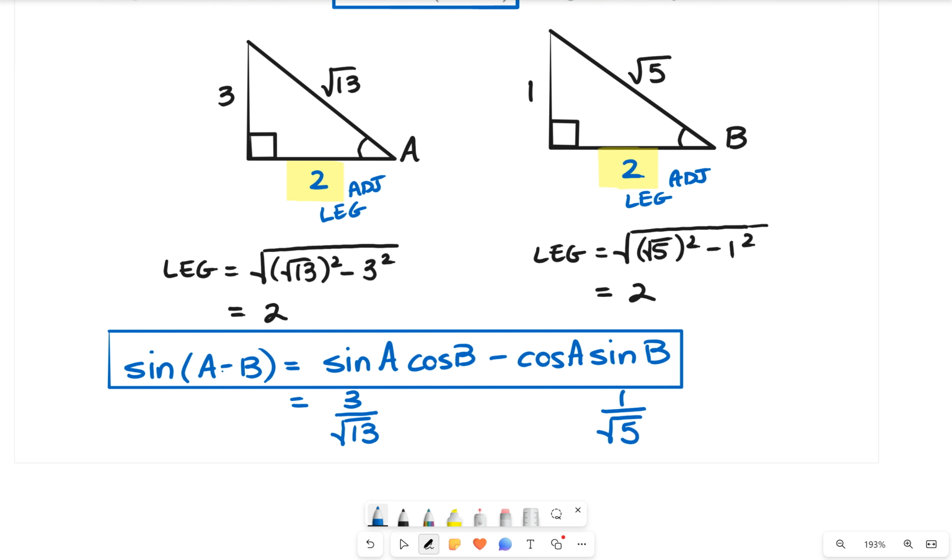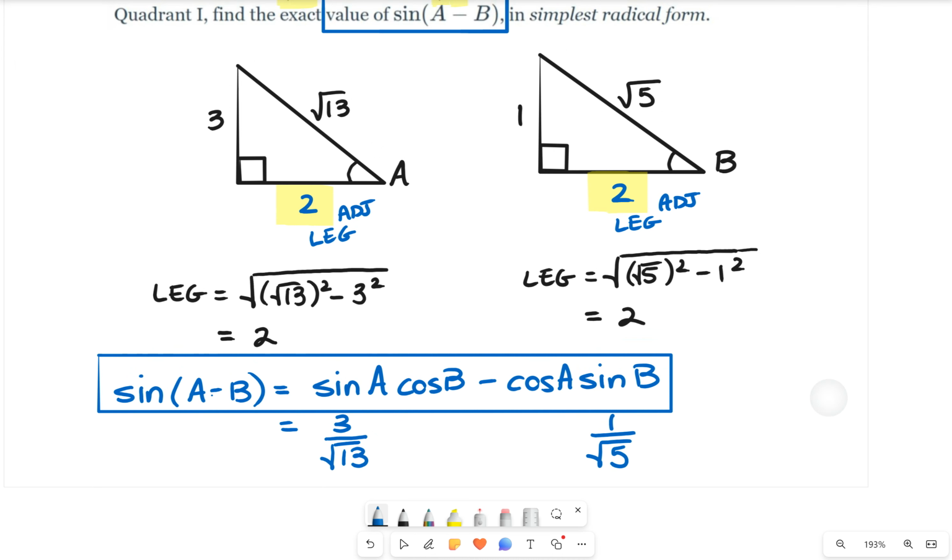So I just need to find the other two ratios. Cosine of B, I'm standing right over here. Cosine is A over H, adjacent over hypotenuse. So if I stand at B, I need to have the adjacent over the hypotenuse: 2 over square root of 5.